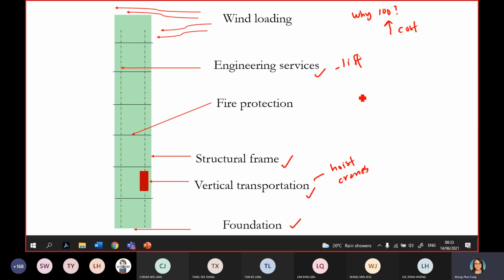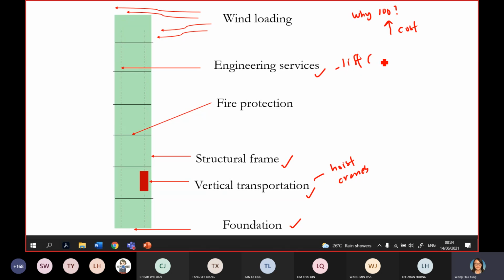If you still remember when we used to study at campus, especially at lunchtime, you always cannot get the lift. So that means the higher the building, the more lifts you need. So that will add additional cost to a building.